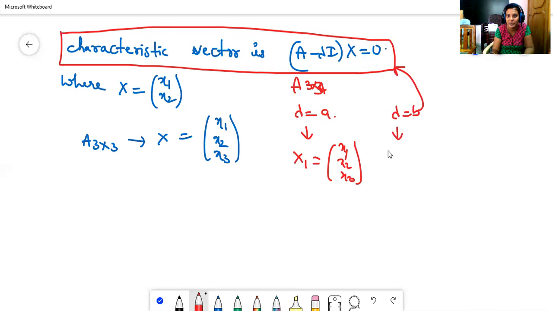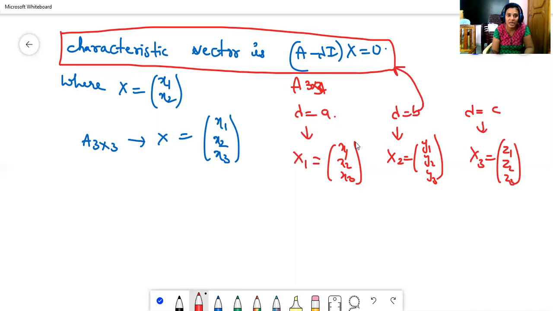The corresponding vector is X2, with components Y1, Y2, Y3. Then after simplifying and cross multiplying, solving, we get the variable values. If lambda equals c, then the third vector is Z1, Z2, Z3. This is the procedure to find the eigenvector.